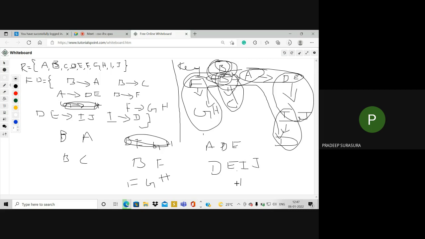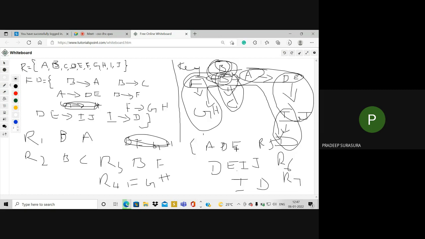And lastly, I will have ID as one table. So after normalization to third normal form, I have tables R1, R2, R3, R4, R5, R6, and R7.